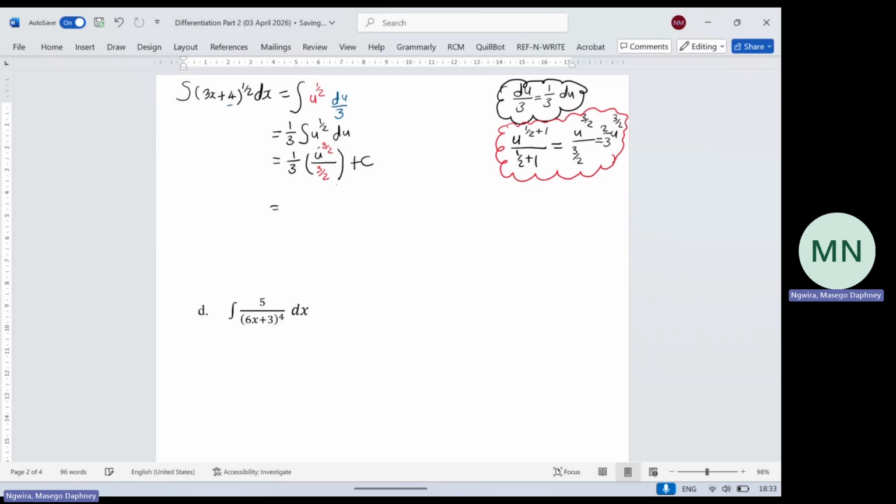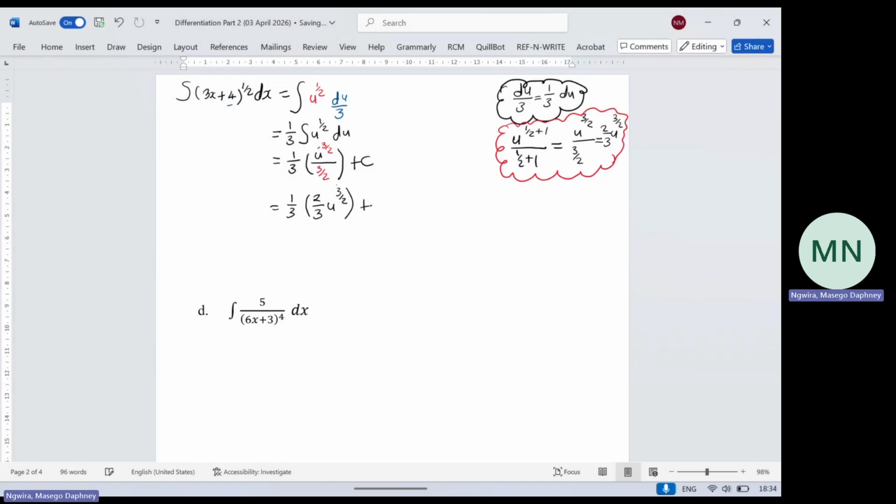Please use a calculator, you'll understand. 1 over 3, then this is going to change. Remember I said, I wrote it here. It's 2 over 3 u to the power of this. What am I saying? Sorry. It's 2 over 3, then u to the power of 3 over 2.